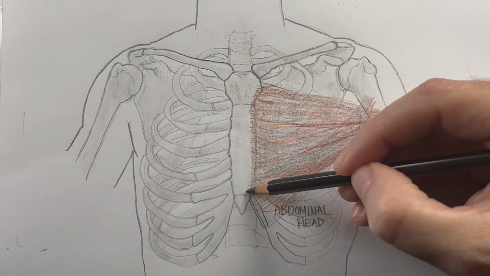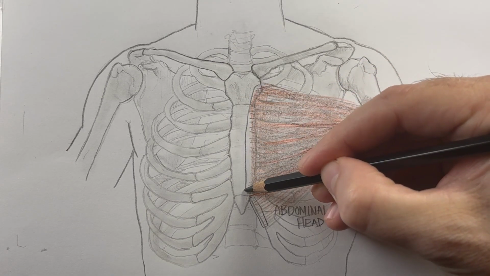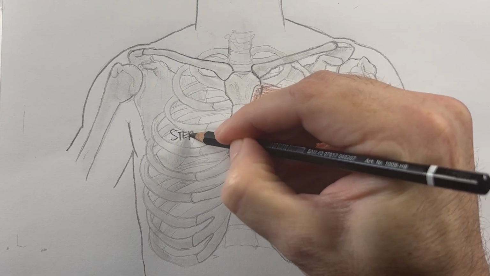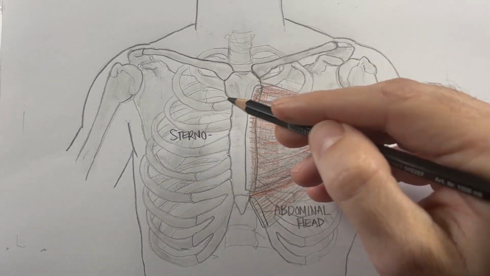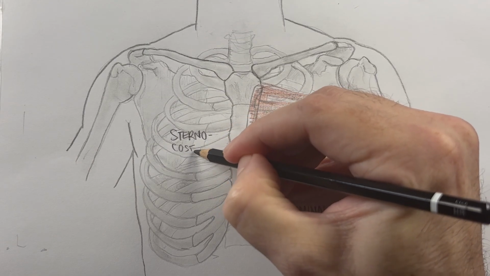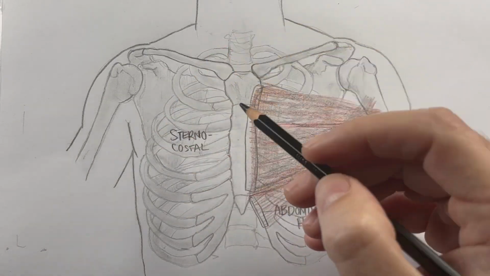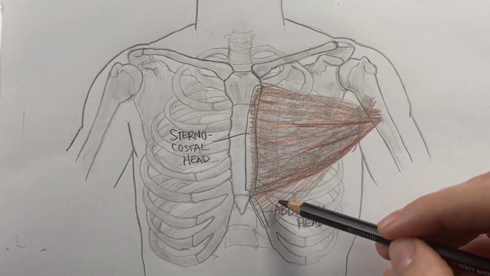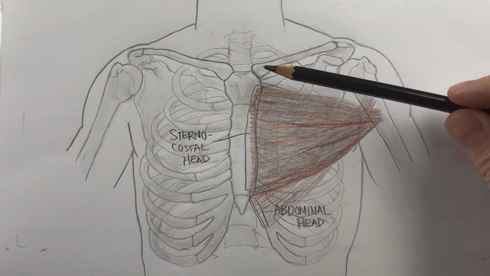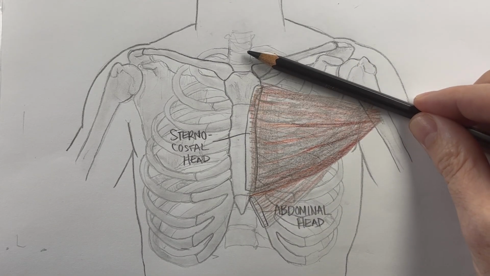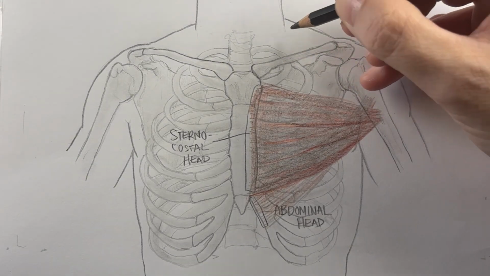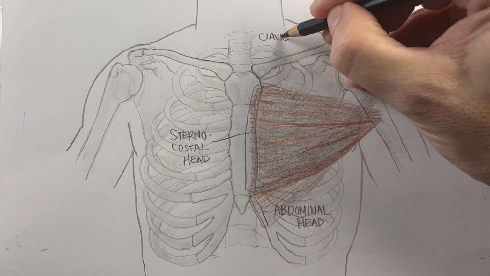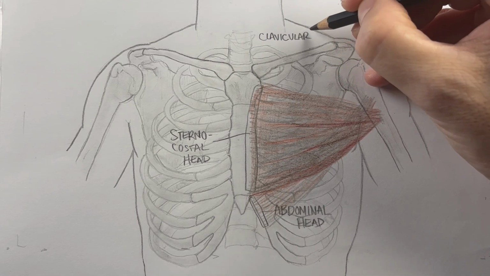And then this is the sterno, for sternum. Sternocostal, or the side head, here. And then the top part of your pecs are attached here to the clavicle. That's the clavicular head.